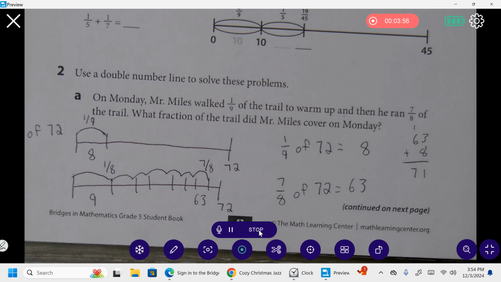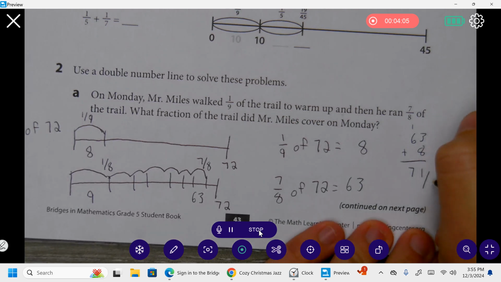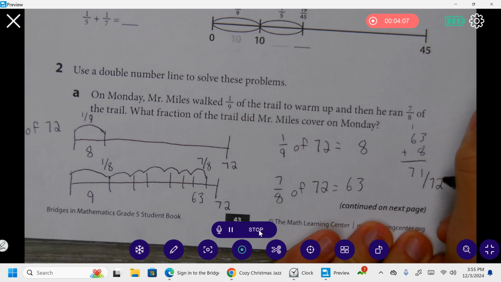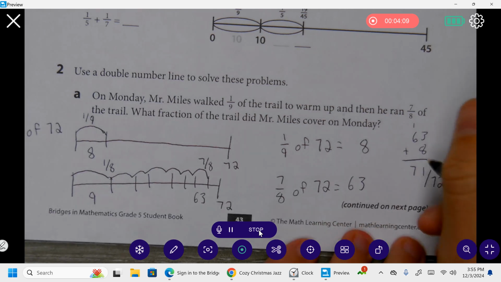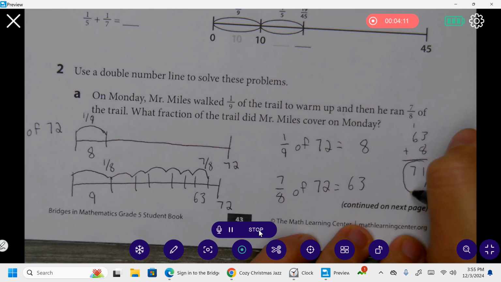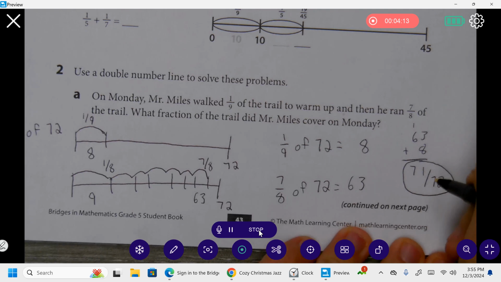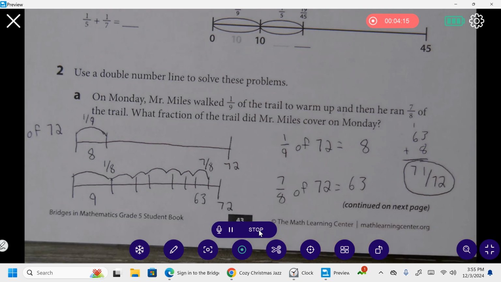Since we don't know how long the trail is, what we do know is that he traveled 71 out of a full 72 kilometers. So our answer will now be 71 seventy-seconds, because he traveled 71 out of 72 total kilometers.